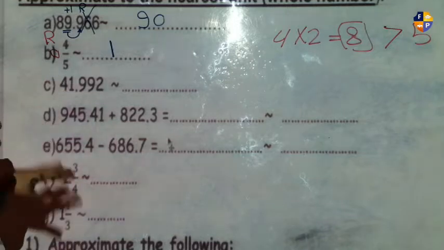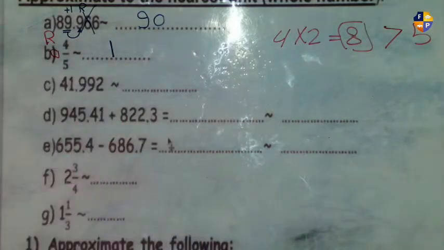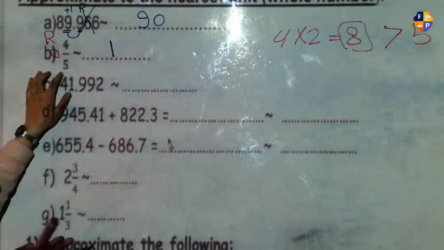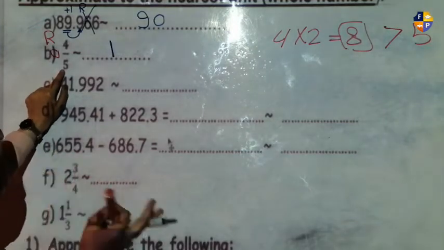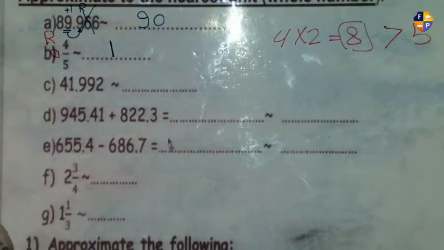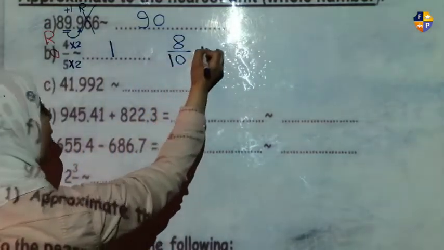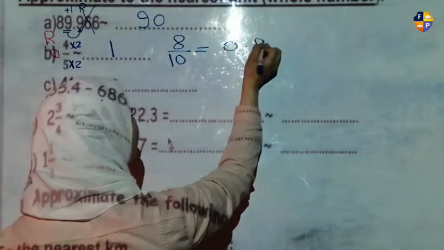And now if you want to make sure, as we studied, to convert the fraction to a decimal number, the denominator should be 5, 10, 100 or 1000. So now I will multiply both the numerator and denominator by 2. 4 by 2 equals 8 and 5 by 2 equals 10. 8 over 10 equals 0.8.